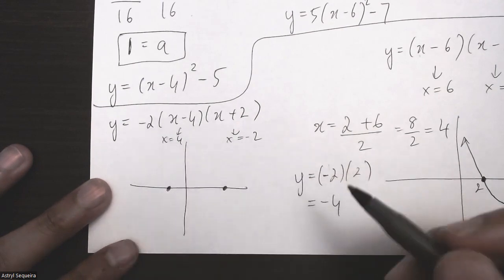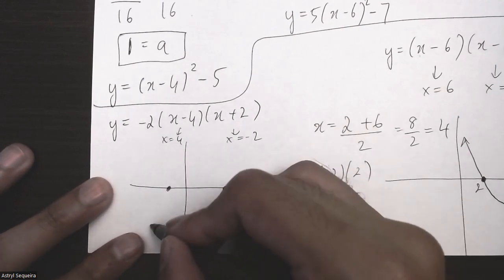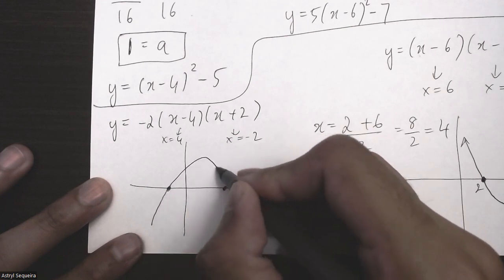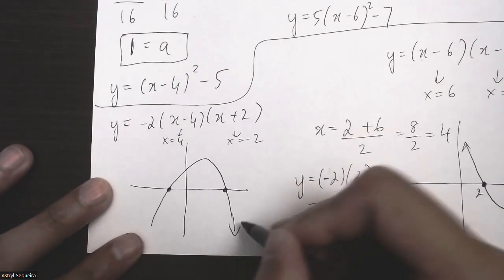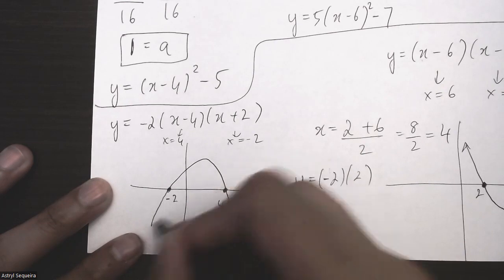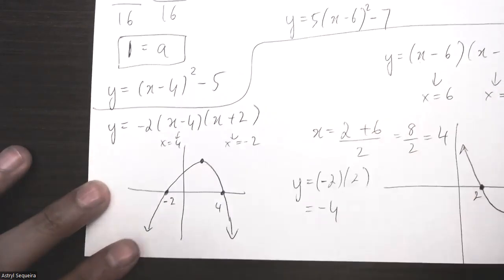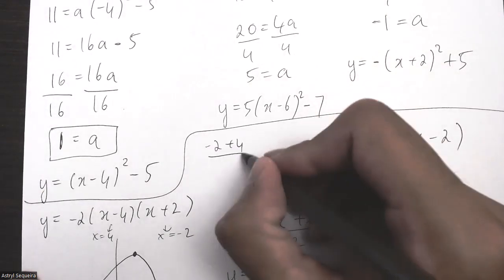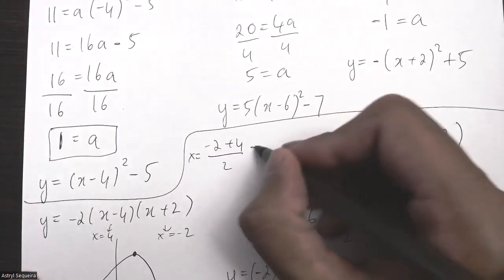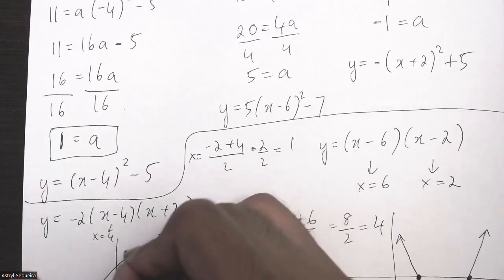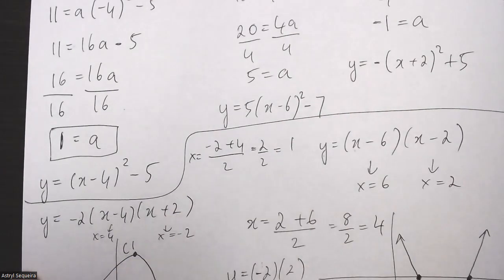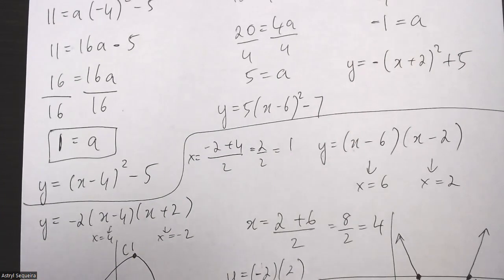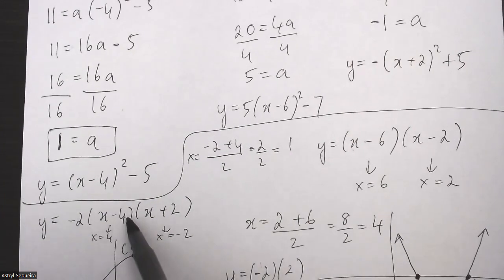This is a negative graph, negative a value, so it's going to open downwards. And then to find the vertex, we'll do the midpoint again. So negative 2 plus 4 divided by 2, that's my x value, which is 2 over 2, which is positive 1.